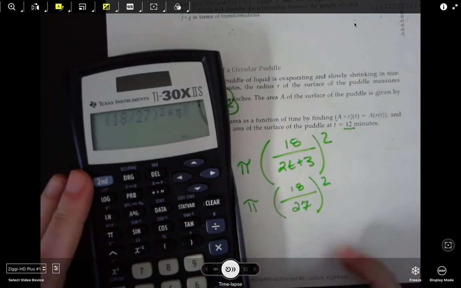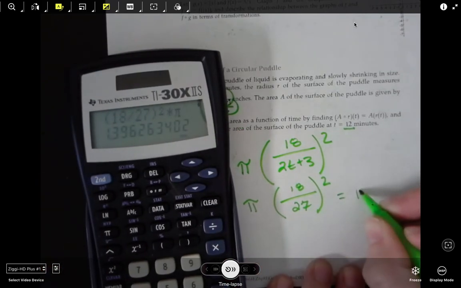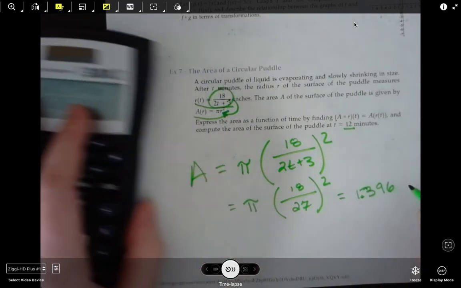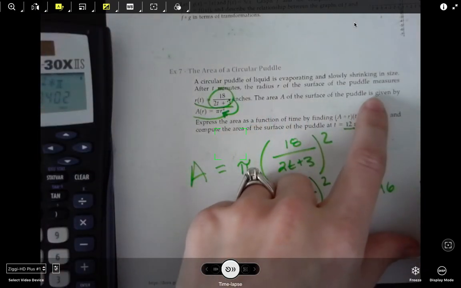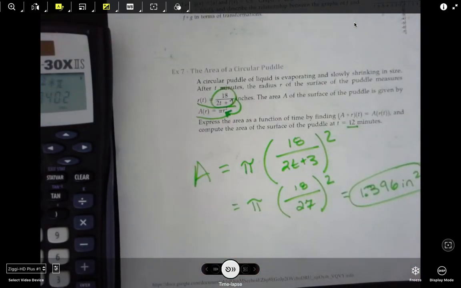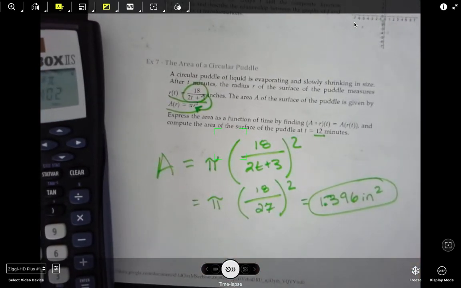There we go. Enter. So the area is 1.396, and that is in inches squared. So it's bypassing the radius and going straight from area to time.